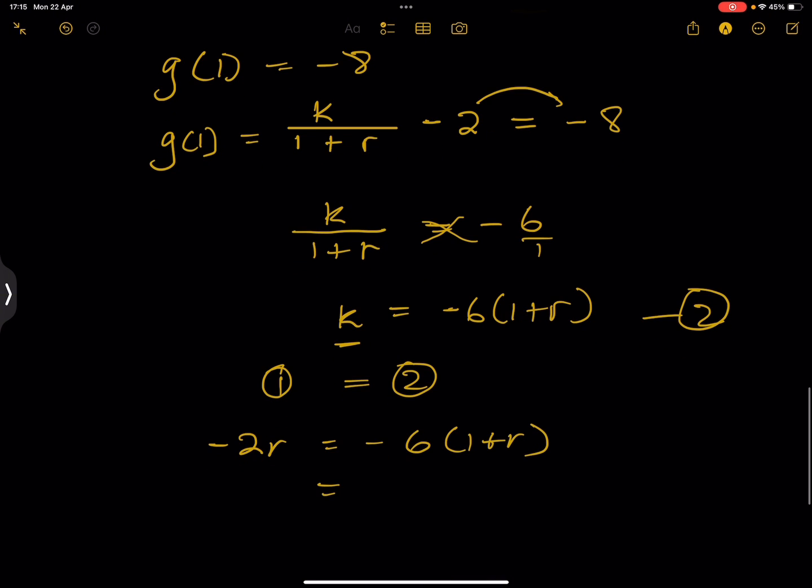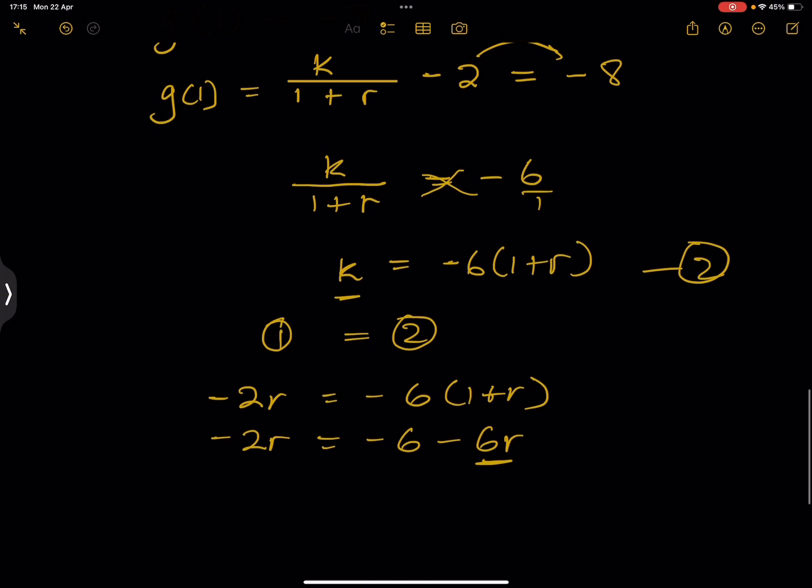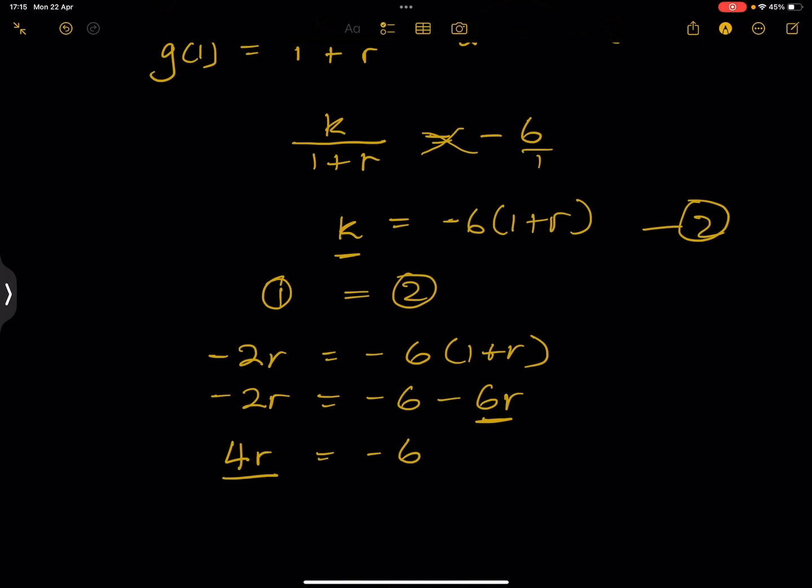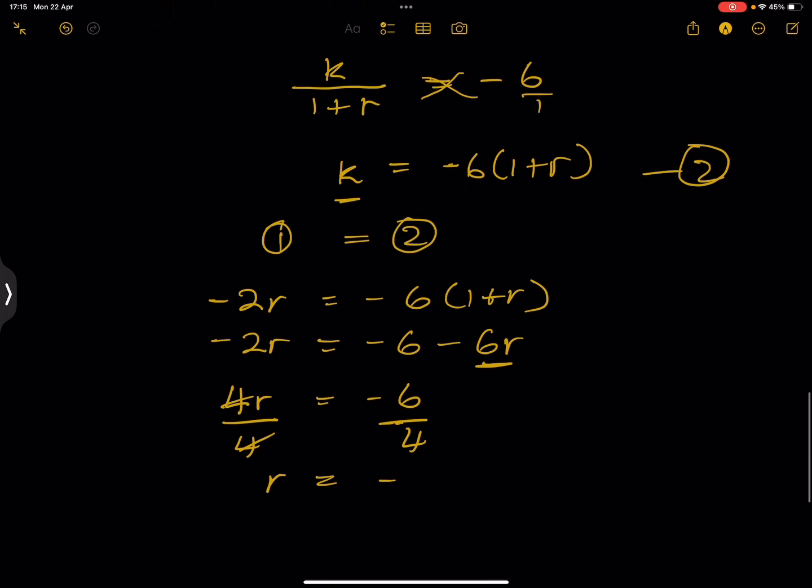Okay, so this is minus 6 minus 6r. If I take the negative 6r to the other side, that becomes positive. So I've got 6r minus 2r, which gives us 4r is equal to negative 6. And now what should be my value for r? Divide both sides by 4, and so r would be equal to minus 3 over 2.